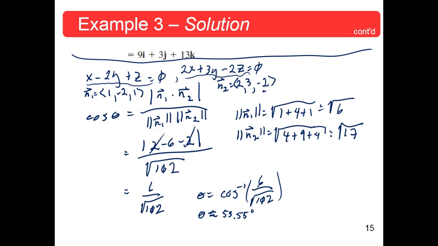It's not intuitively obvious that the line of intersection is going to be in one of the coordinate planes, if you understand what I mean by that, the xz plane, the yz plane, or the xy plane. Probably not going to be in any one of those.